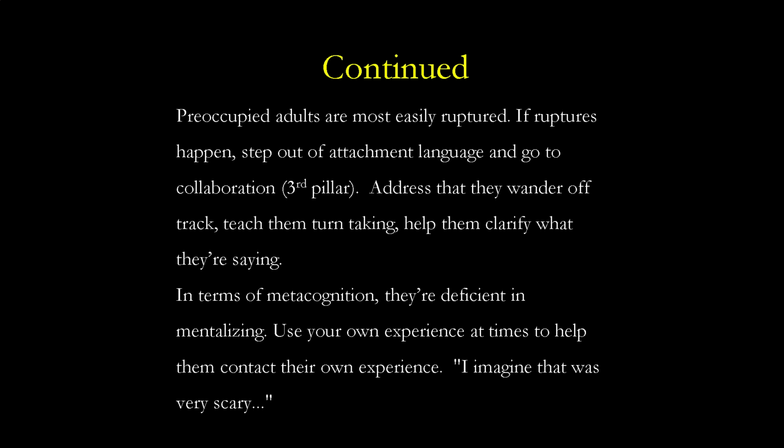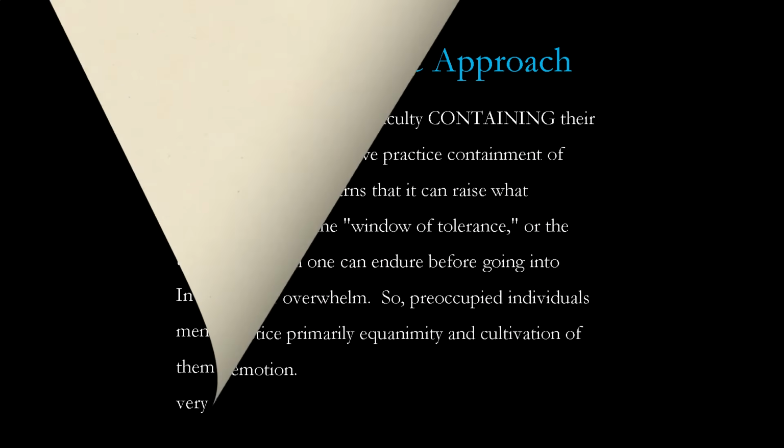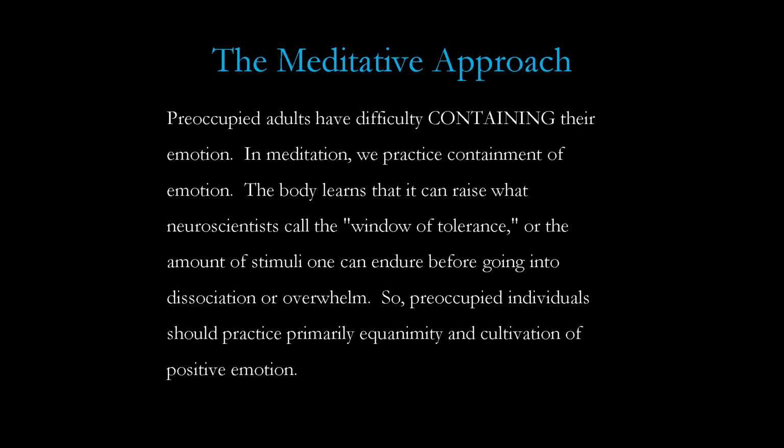From a meditative perspective, preoccupied adults have difficulty containing their emotion. In meditation, we practice containment of emotion. The body learns that it can raise what neuroscientists call the window of tolerance, or the amount of stimuli one can endure before going into dissociation or overwhelm.